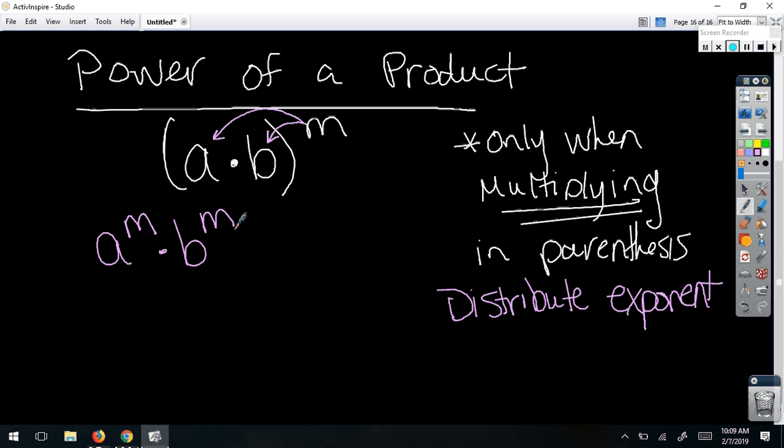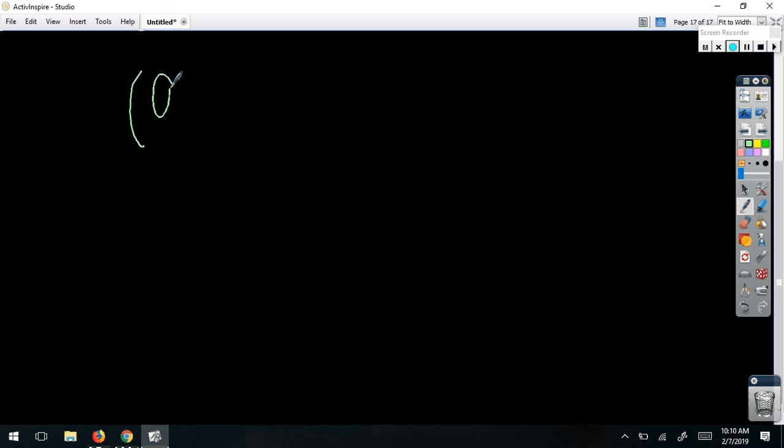Yep. So let me show you an example. Y'all got this? Let's say I have 9xy to the second power. This is just notes. This doesn't necessarily go in your foldable. You can if you want to.